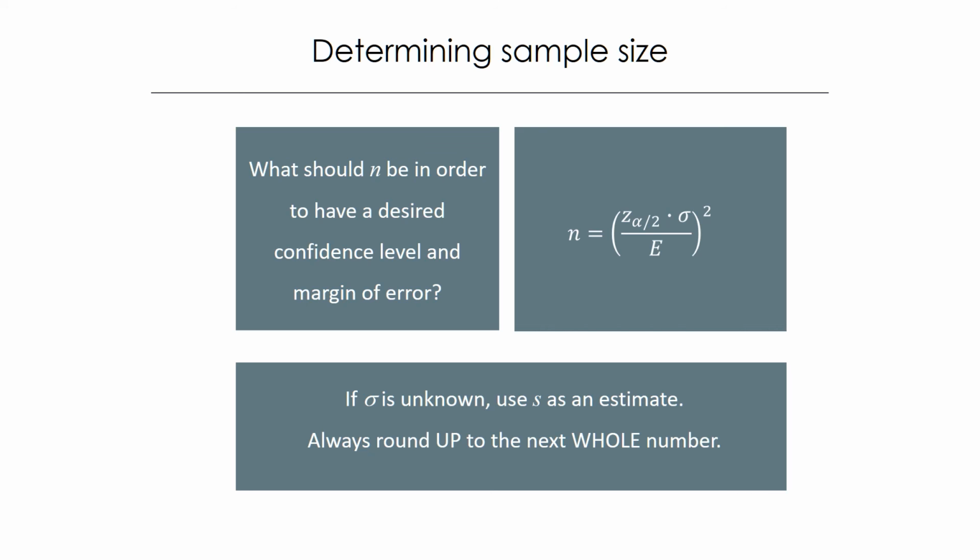If sigma is unknown in this case, we can use s as an estimate. So if we don't know the population standard deviation, we can use the sample standard deviation. And then we always round this up to the next whole number, because this is actually a minimum sample size required, and sample size is always a whole number. So we want to go just above any approximation with a decimal.